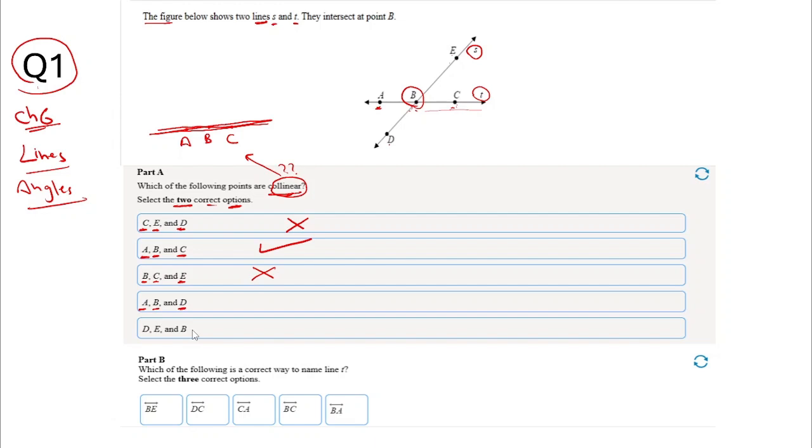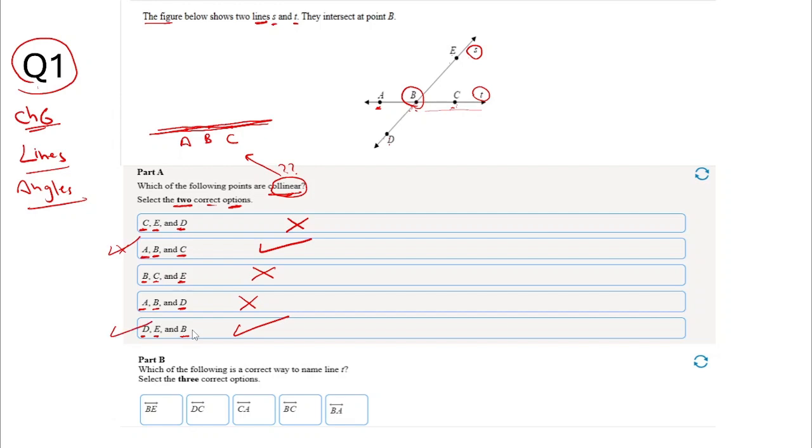Point A, point B, and point D. They are not in the same line, so not correct. The last option, point D, point E, and point B. Point D, point B, and point E, they are on the same line, which is line S, so this is the correct answer. So these are the correct answers.